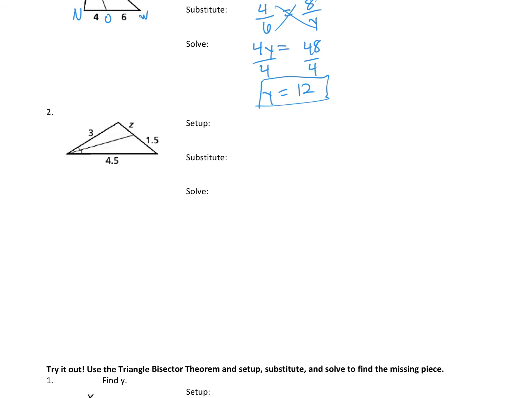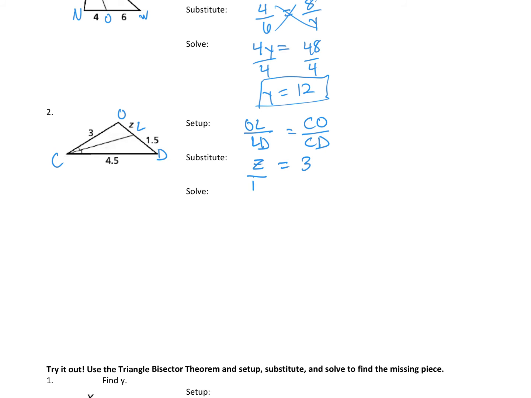Okay, let's do another one. Let's say this is COLD. Our setup would be OL over LD is equal to CO over CD. Substitute those in. Z, I'm going to call the Z, equals 3.